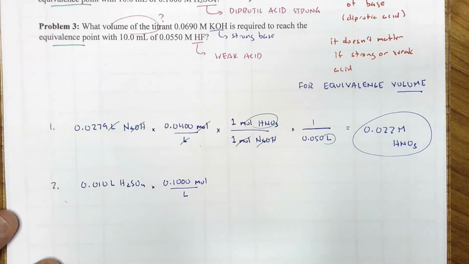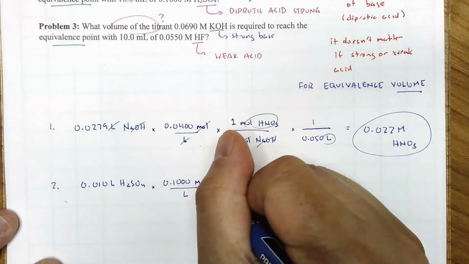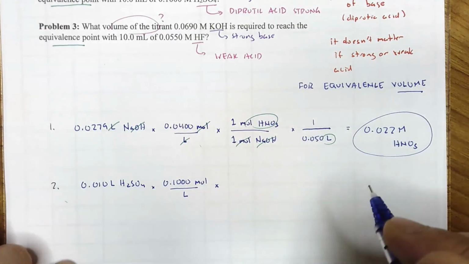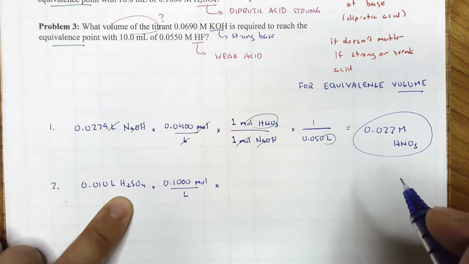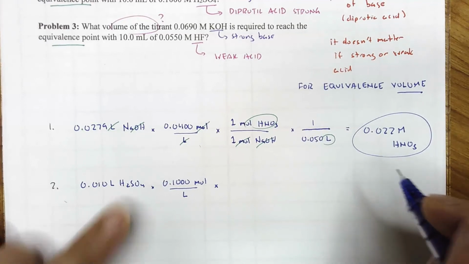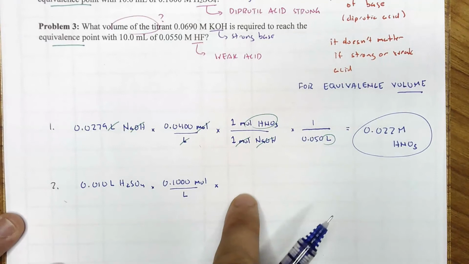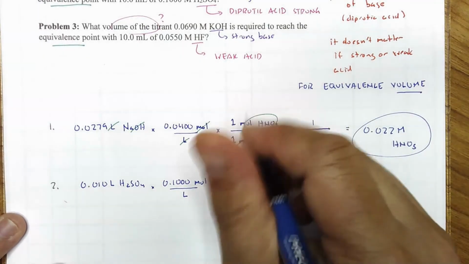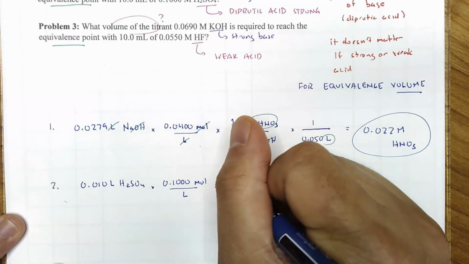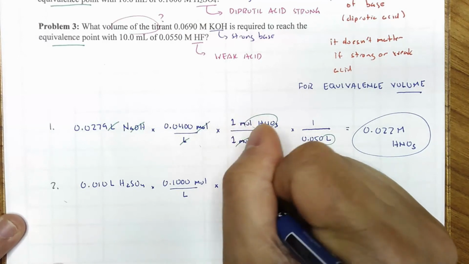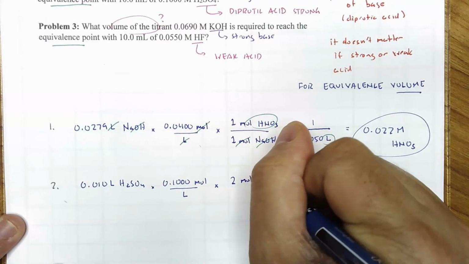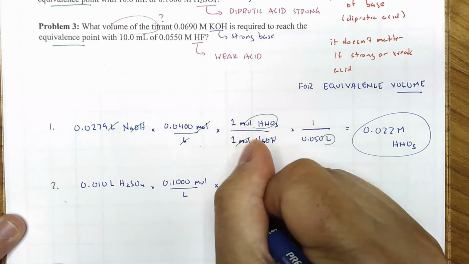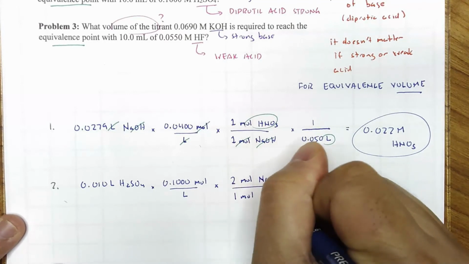That's the concentration of H2SO4. There's only one conversion where we cross over the mole bridge, and this is going to be, you need 2 moles of NaOH to neutralize 1 mole of H2SO4.